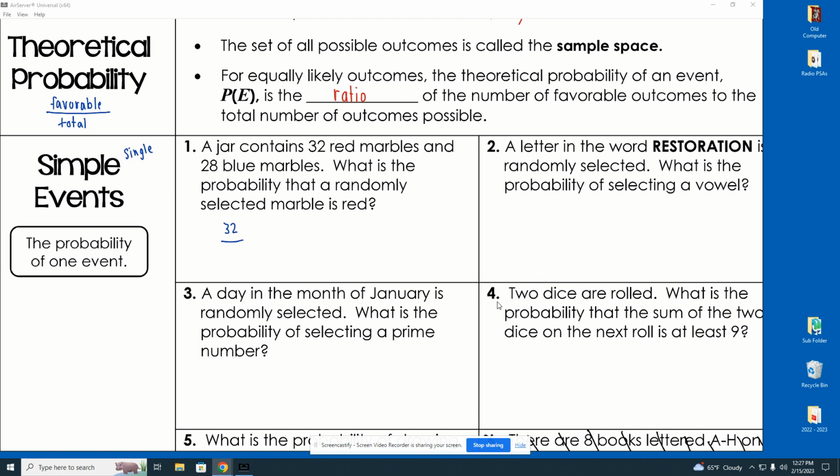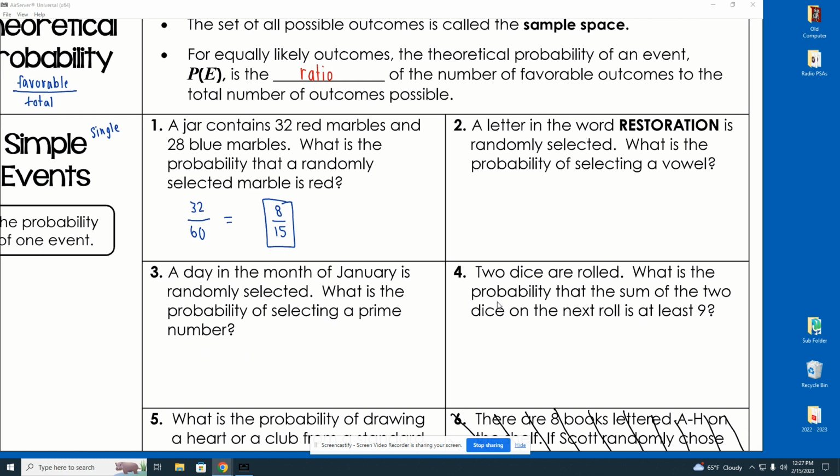Total is 60, because there were 28 and 32. So 32 over 60. Use your calculator, Alpha, Y equals, number 1, and it'll always reduce for you. What'd you get? 8 out of 15 is our probability. Very simple one, because all the information was just given.